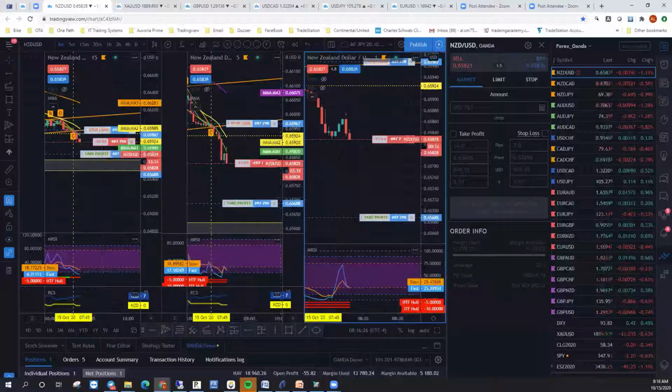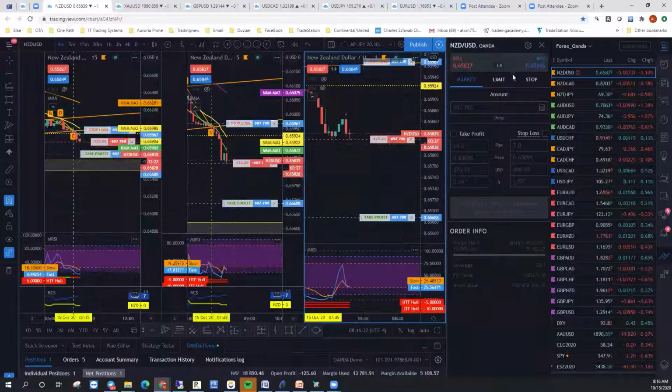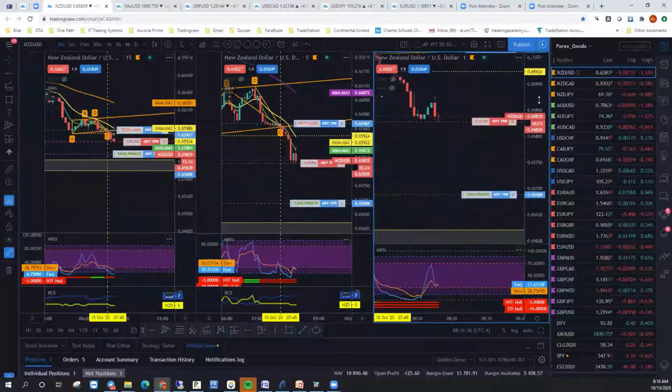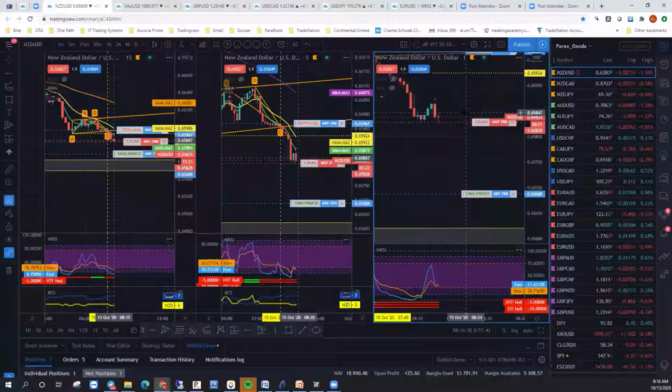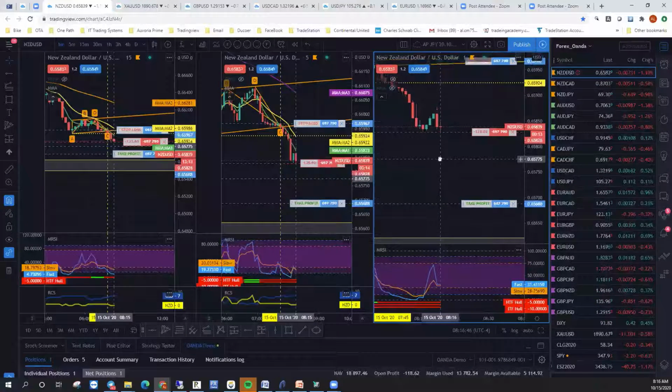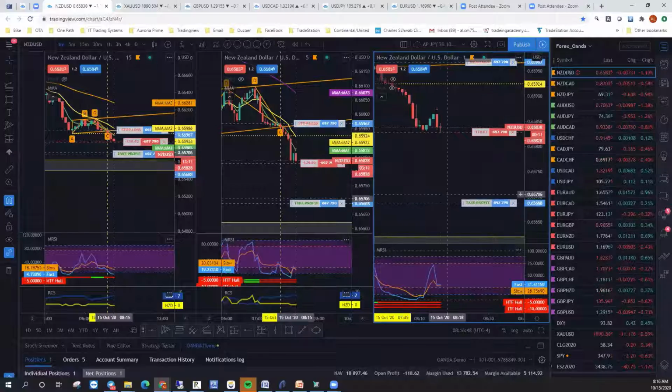Let's see if it forms another wedge and then keeps on coming. I'd like to see it come up higher though, Al, closer to 95 or something like that.